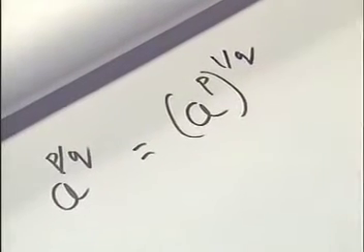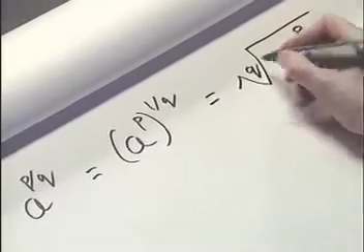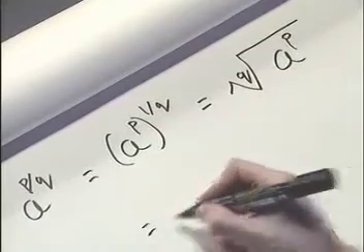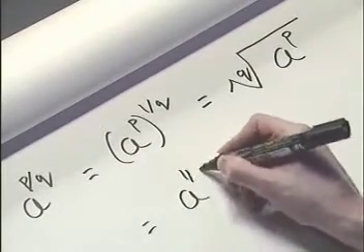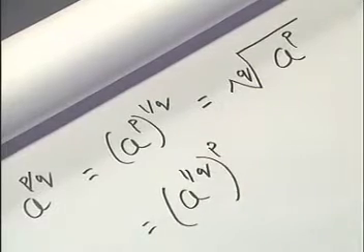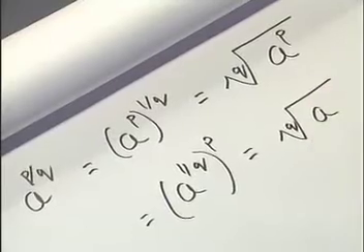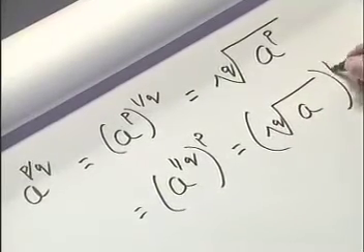We can write it as either a to the power p, find the qth root of it, or it might be written as a, let's take the qth root and raise it all to the power p. Either result is exactly the same.